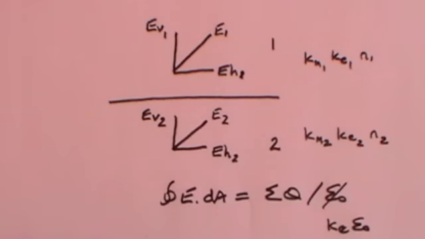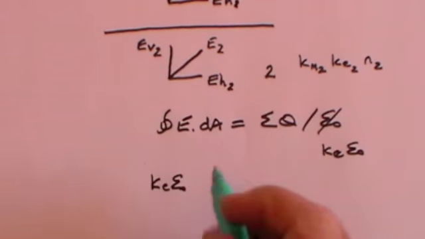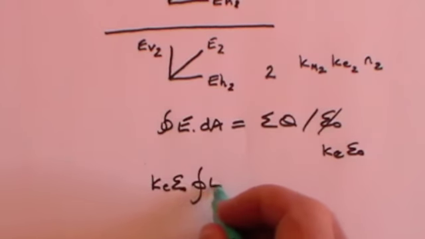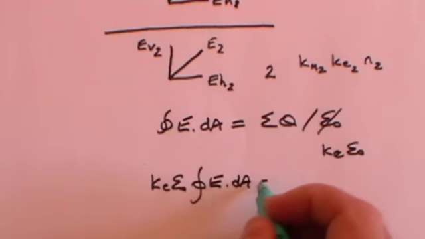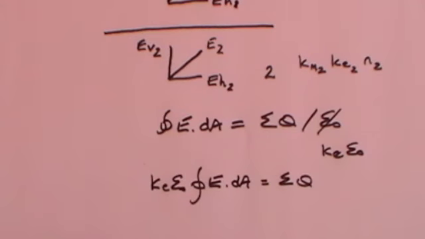So in other words, we need the coefficient as well as the actual value of epsilon 0. And that means we can multiply through, so we get Ke epsilon 0 times the integral of E dot dA is equal to the sum of all the charges enclosed.